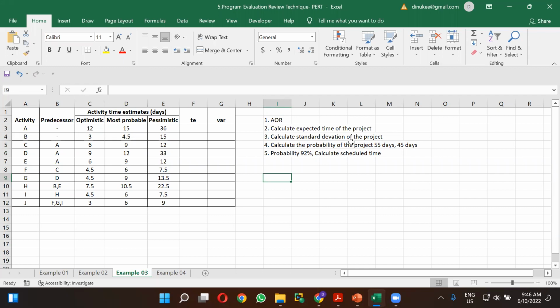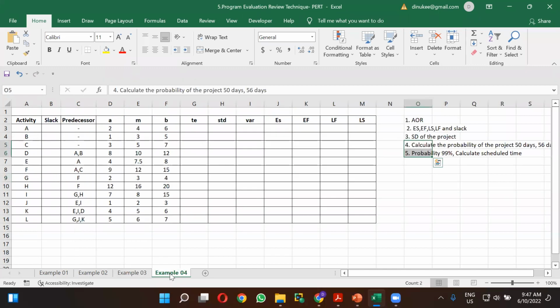If you are taking 45 days as the schedule time, what is the probability, right? So the fourth question asks two things. And the fifth one is, if the probability is 92%, calculate the schedule time. So can you all try this out? So this is for the third example.